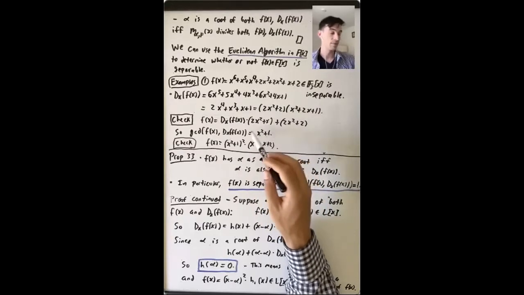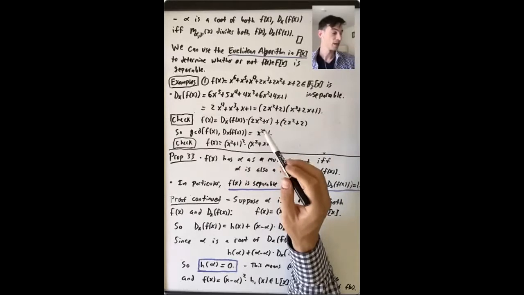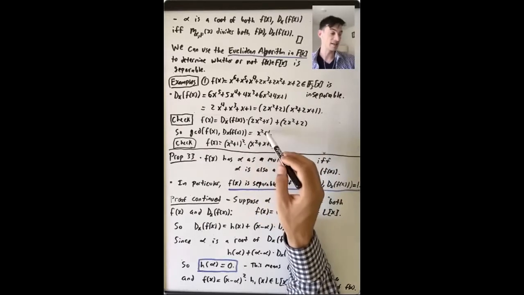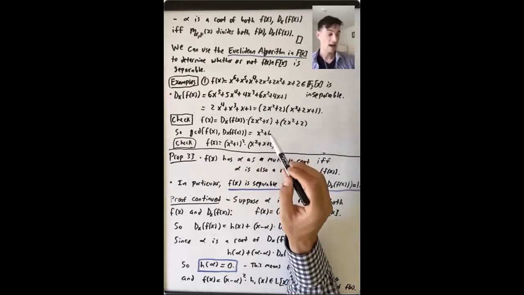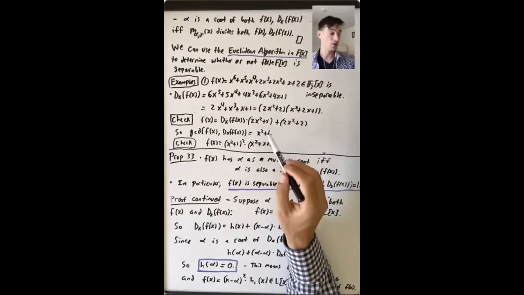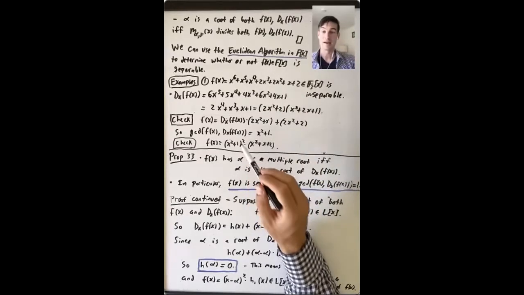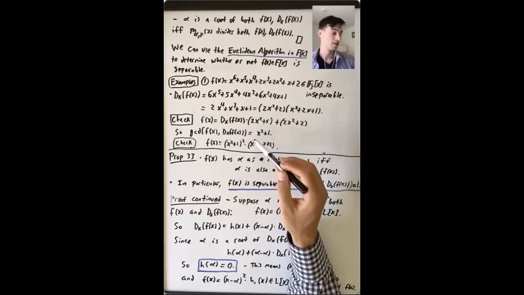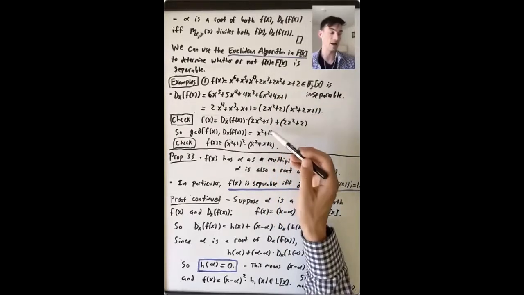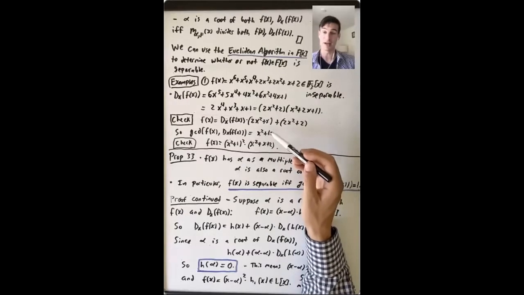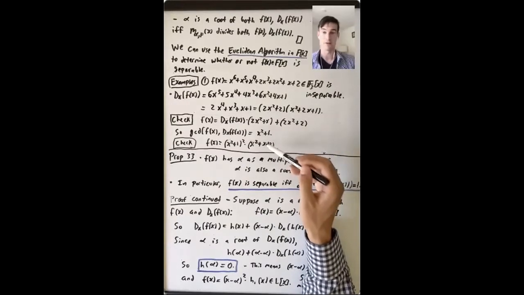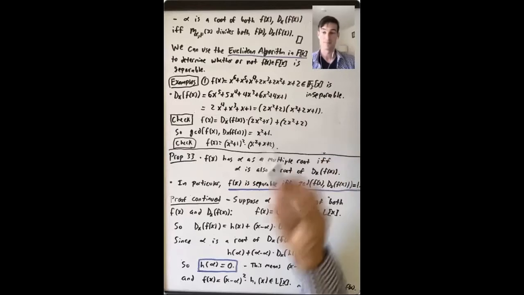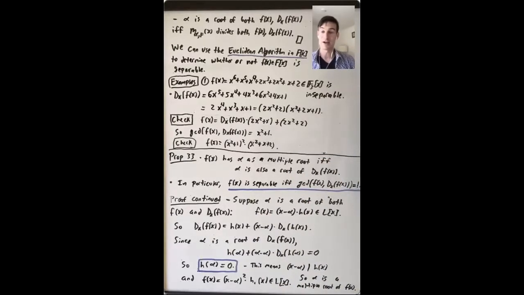But what I'm trying to emphasize here is that we can see that f of x is not separable at this point. We can do that without actually factoring f of x, which can sometimes be a little bit challenging to do. So you can check whether or not a polynomial is separable using the Euclidean algorithm, which is less work than factoring it in F[x]. So I'll pause and erase and talk about a couple more examples.